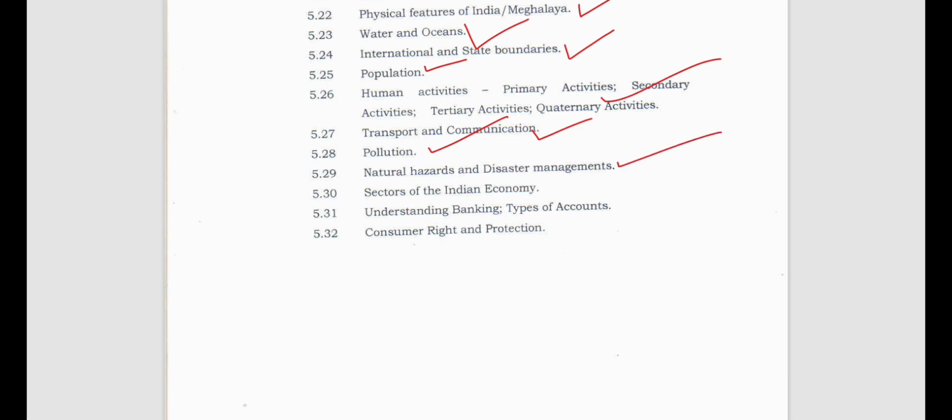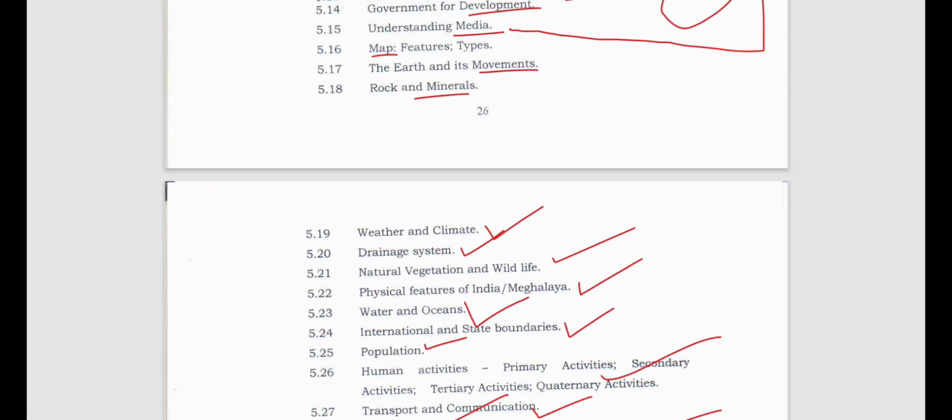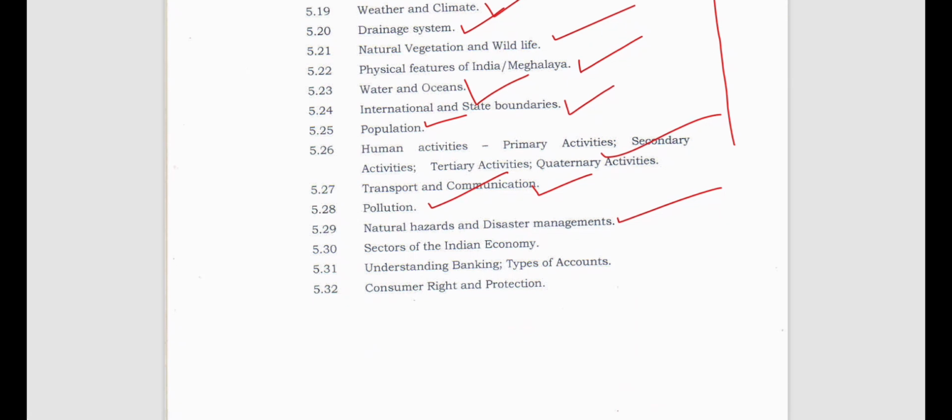So these things. All right, let me go a little bit up. So from here this map, till here, till disaster management, this is our geography. And then these sectors of Indian economy, understanding banking, types of account, and consumer right and protection.